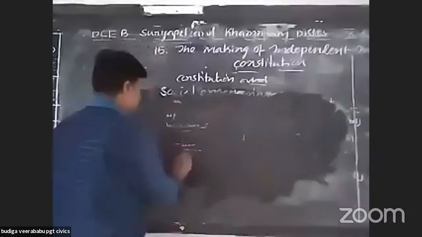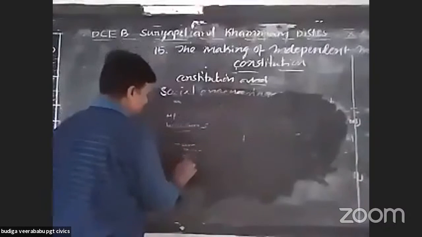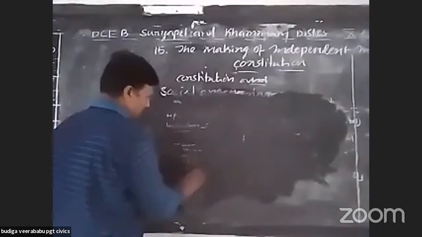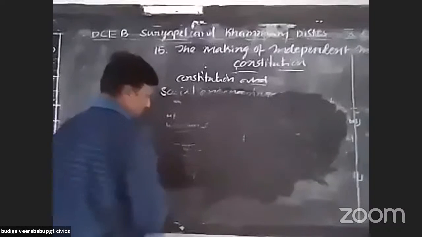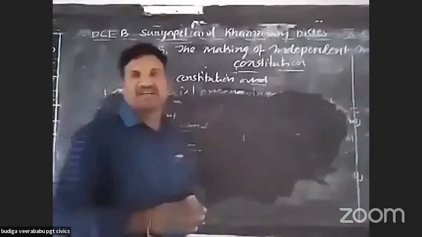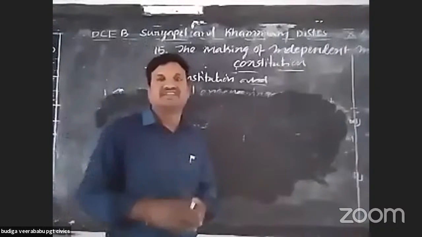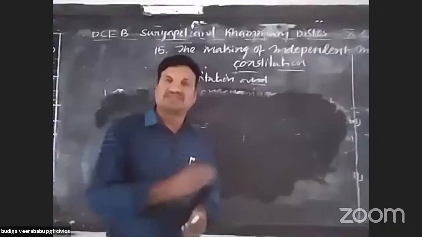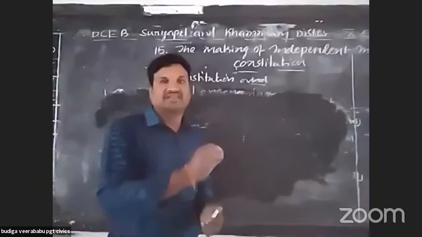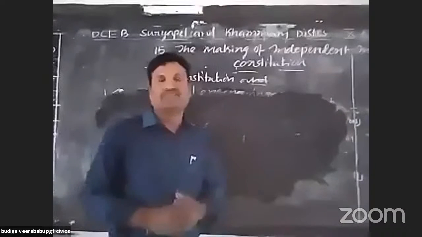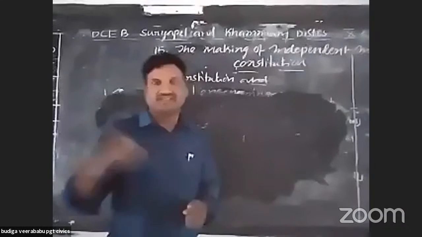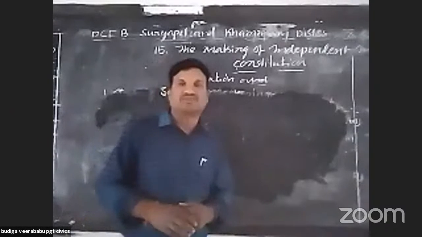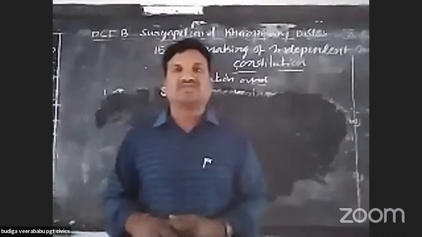And next, MPTC seats, ZPTC seats, MLA seats, MP seats, in the parliament seats, assembly seats, and local self-government seats also. The government introduced reservations for separate categories, for separate persons, whether male or female, reserved category or general category. All these support that the Indian constitution is a social engineering.